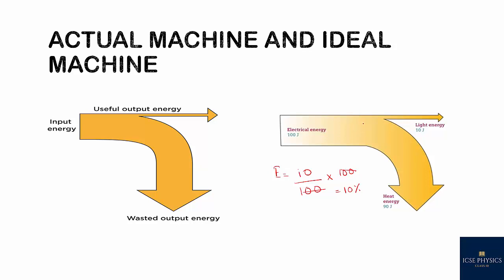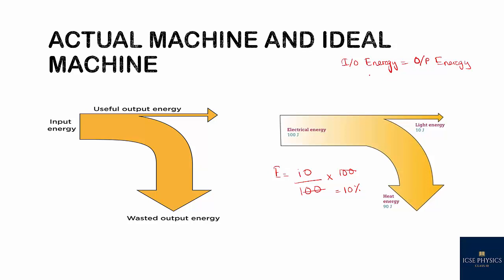Now actual machines are those where the useful output energy is always less than the input energy. But what is an ideal machine? An ideal machine states that input energy is always equal to output energy.